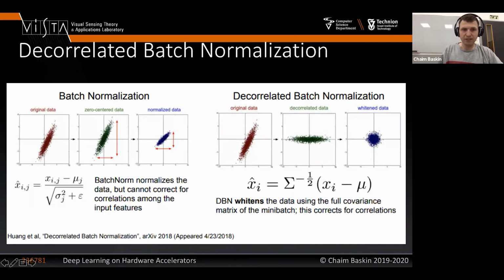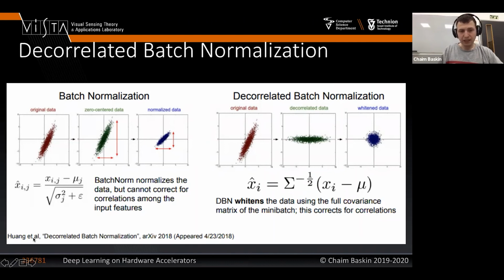As you can see, this is the original data, this is the zero-centered data, and this is our normalized data. They are still correlated. But again, we talked about what to do if we want to remove the correlation.